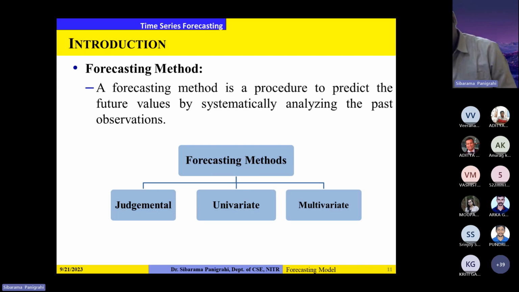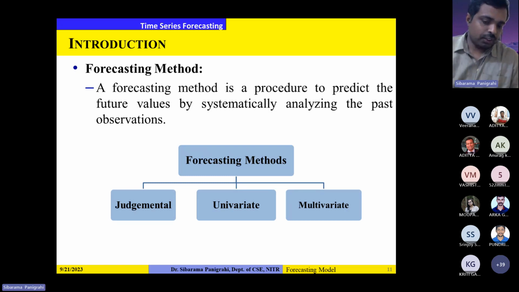If there is a war situation, you see in Russia there is a war, so it affected the crude oil exporting country, Russia, right? And those countries who are importing from Russia are also affected. So if multiple factors are affecting a particular time series and we cannot correlate them, then it's better to use univariate time series forecasting methods.